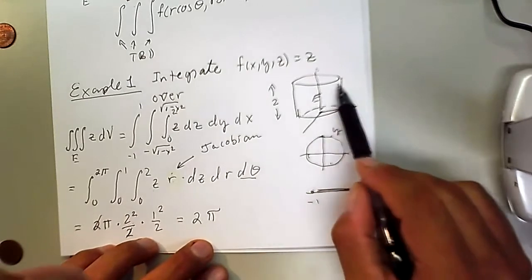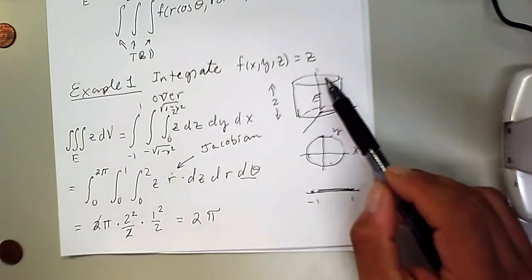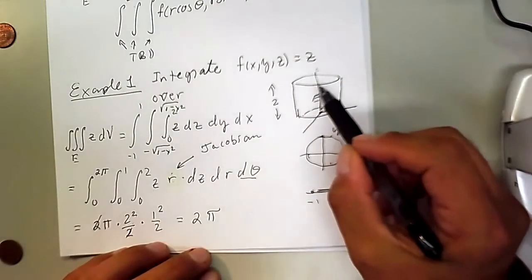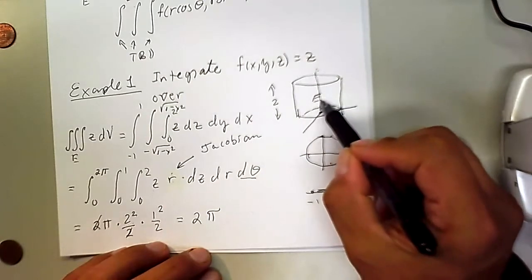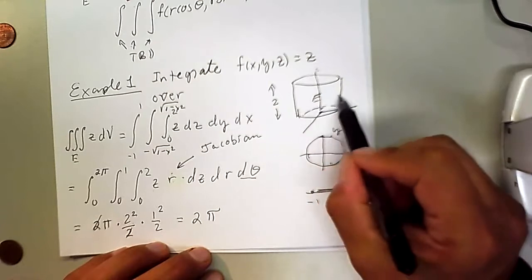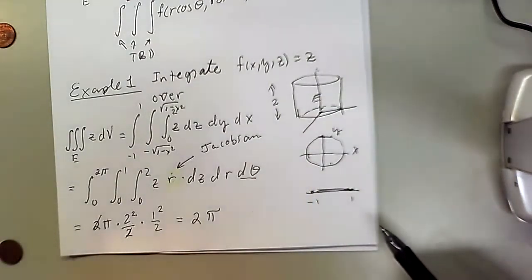I'm just trying to think whether this makes sense as far as what we're integrating. So the average is 1, but where did we get 2? I'm trying to think of this geometrically. I might have to think this a little harder to see how it would make sense.